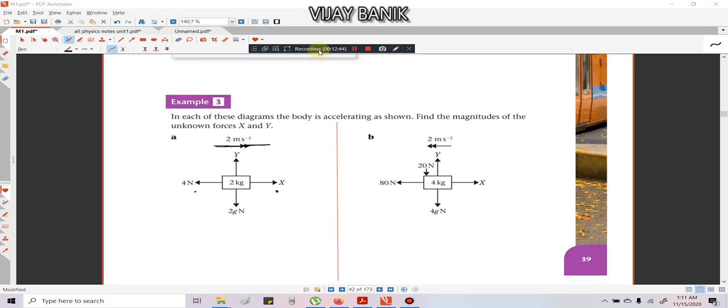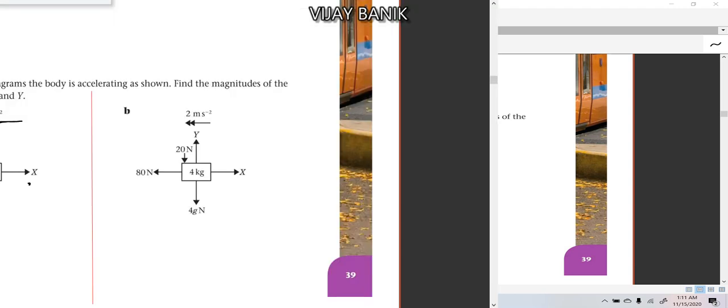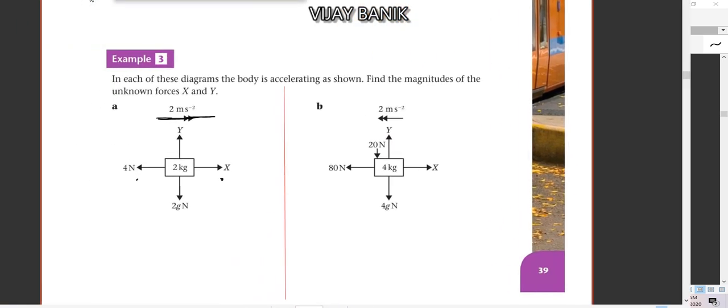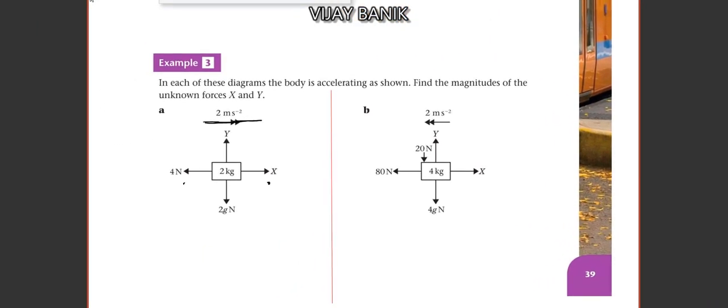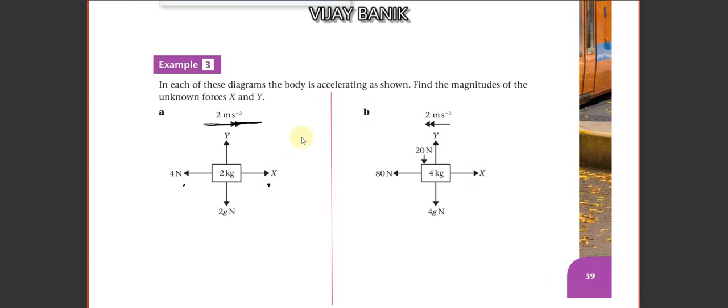Okay, sorry guys, this is how we write the equation. First, we know this body is not in equilibrium, so the previous formula we just learned is not going to work.